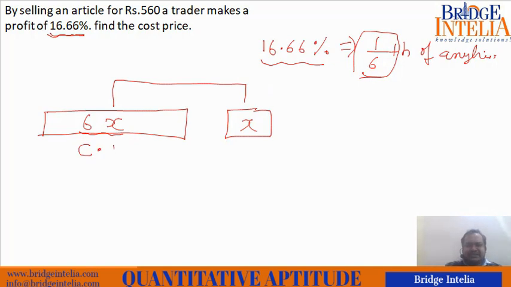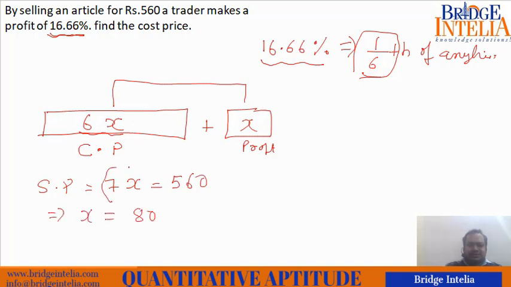So this 6x is cost price, this x is profit, and the total 6x plus x is the selling price. So selling price is equal to 7x is equal to 560. So from here you can see that x comes out to be equal to 80.